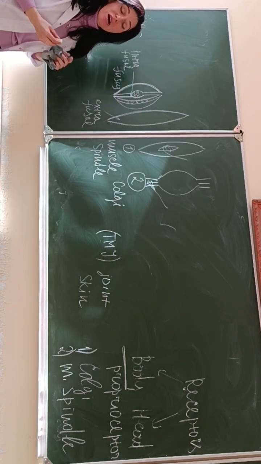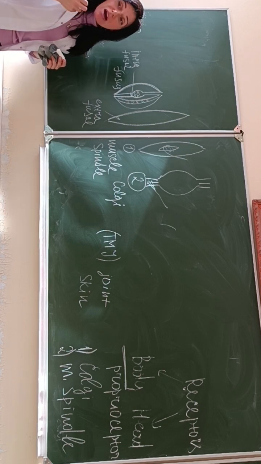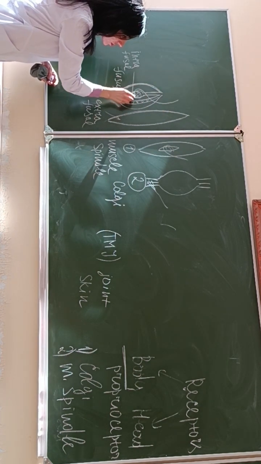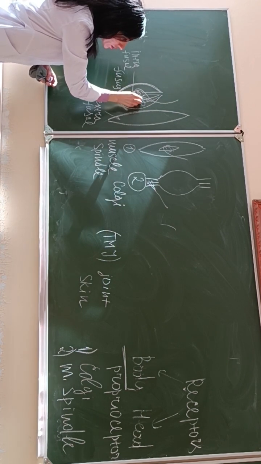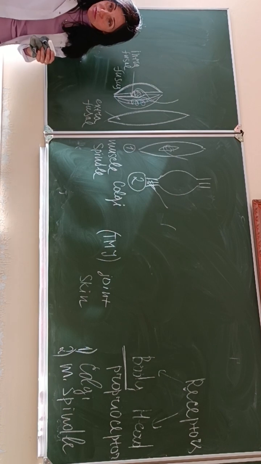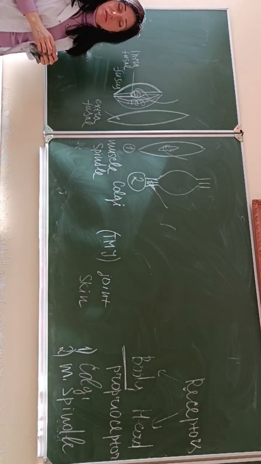Intrafusal muscle fibers are surrounded by a spiral nerve ending, like a spiral form. What is the type of nerve ending?